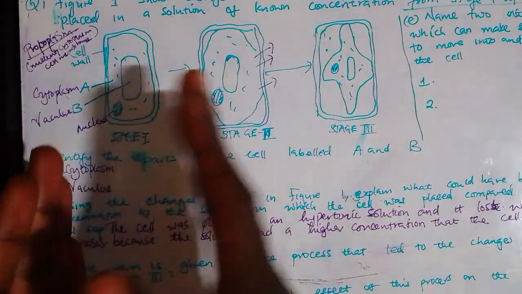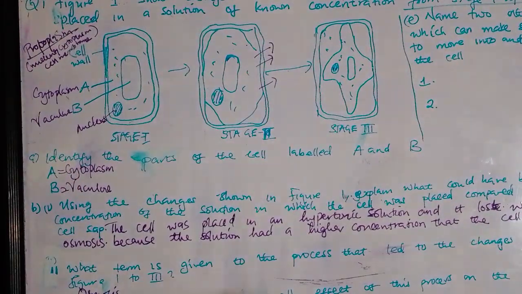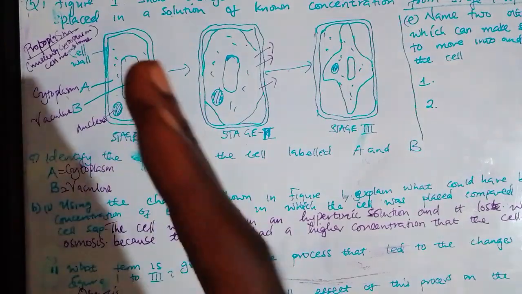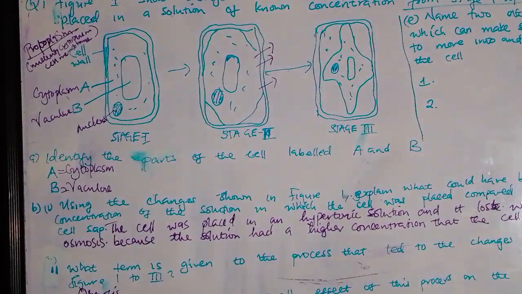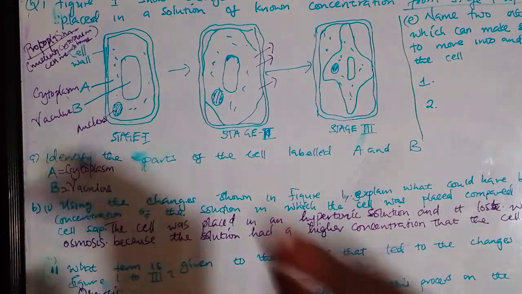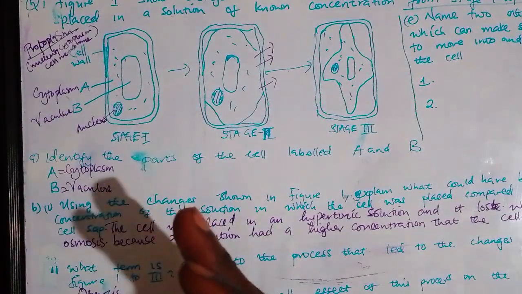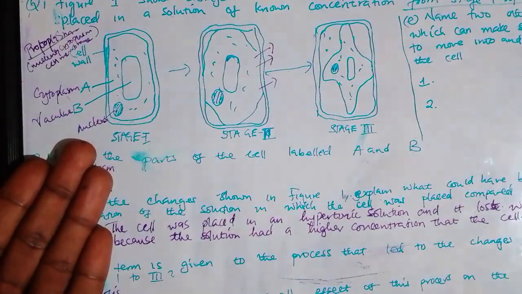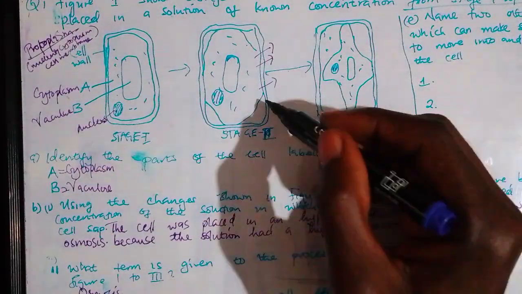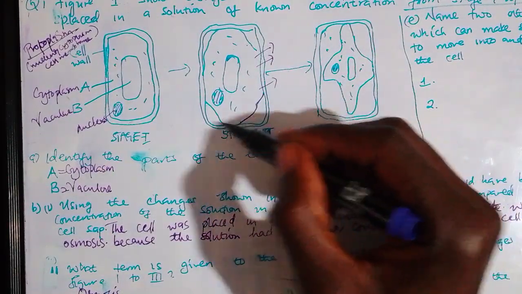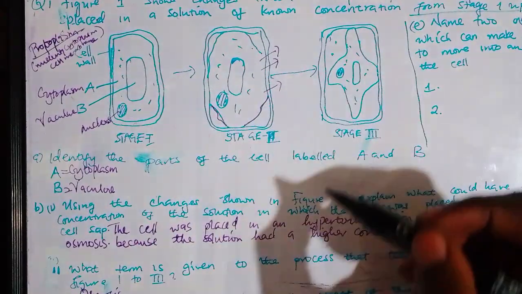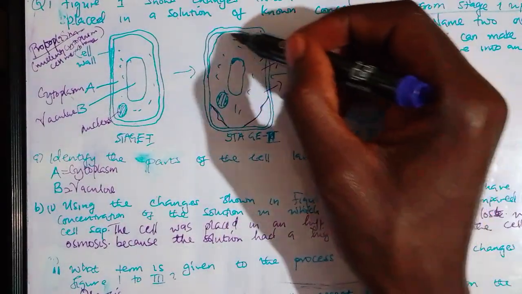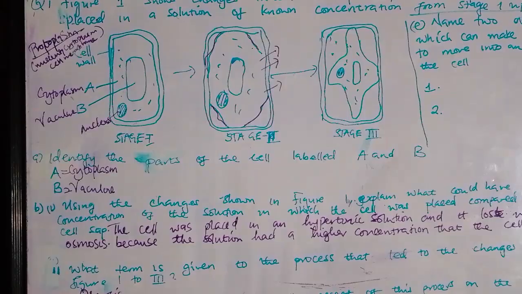So among the three stages, in which stage do you see the cell membrane being attached to the cell wall? In short, it's stage 1, because in stage 2, we see that the cell membrane starts to move away from the cell wall.